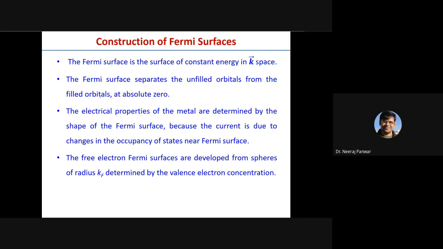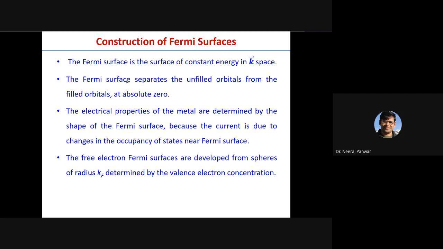If you recall, when we plotted the probability of finding the electron at energy level E, given by Fermi-Dirac statistics, it was a rectangular shape at T equal to 0 Kelvin. This means that all states up to the Fermi energy were filled, and states above E equal to EF were empty.